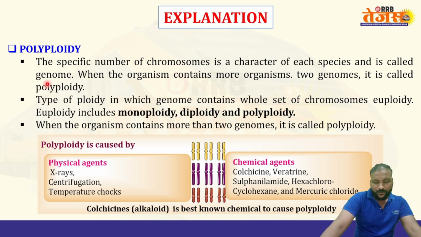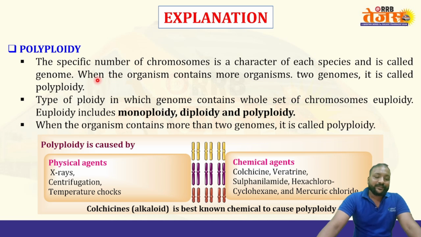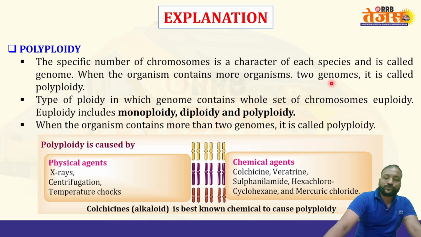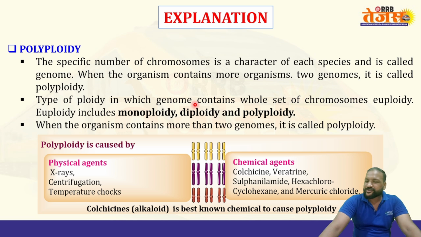A set of chromosomes is known as a genome, and when an organism contains more than two genomes, it is called polyploidy. The type of polyploidy in which the genome contains whole sets is euploidy. Euploidy includes monoploidy if one set of chromosomes is there, diploidy for two sets, and polyploidy for more than two sets.